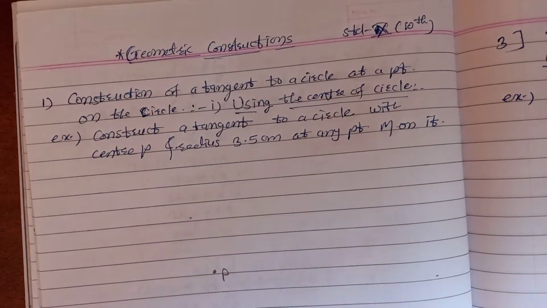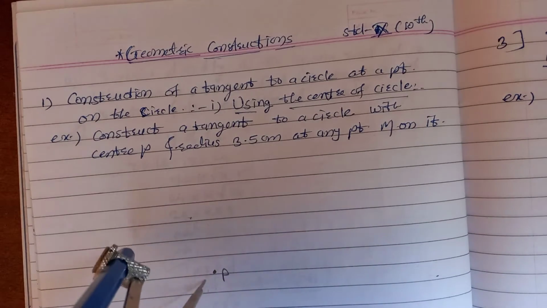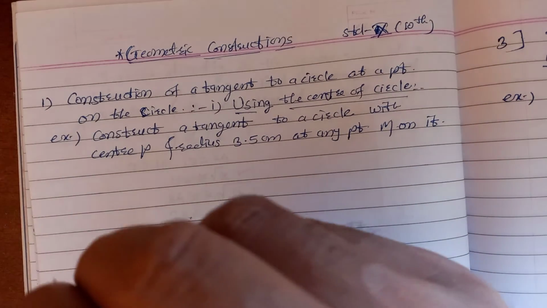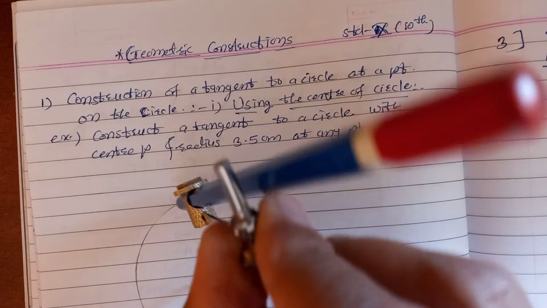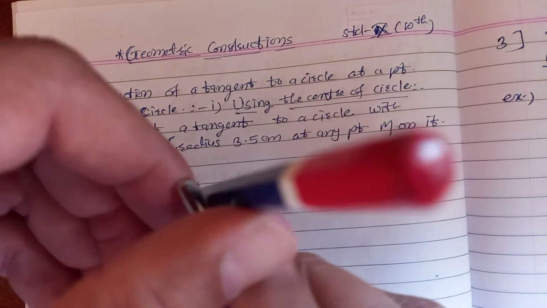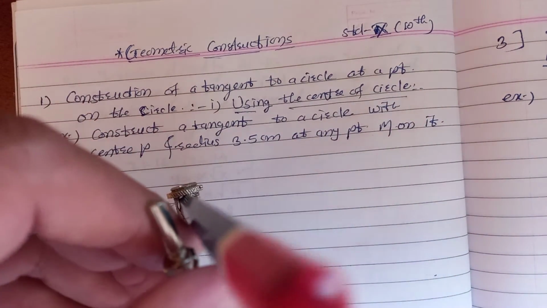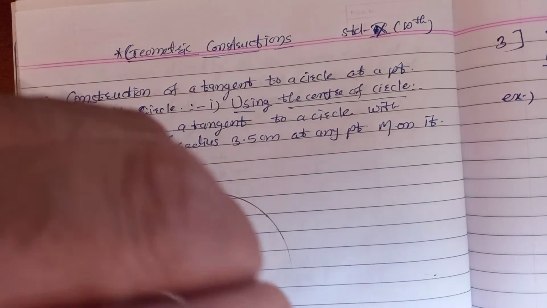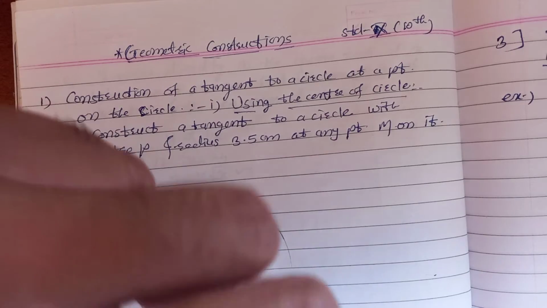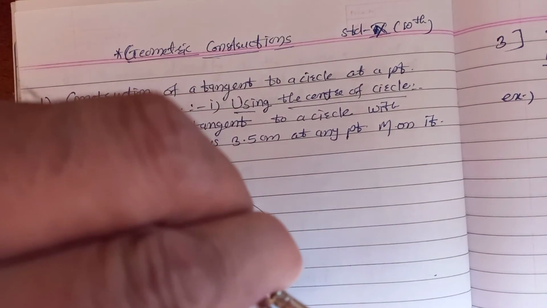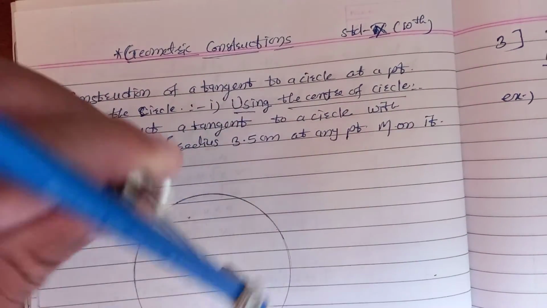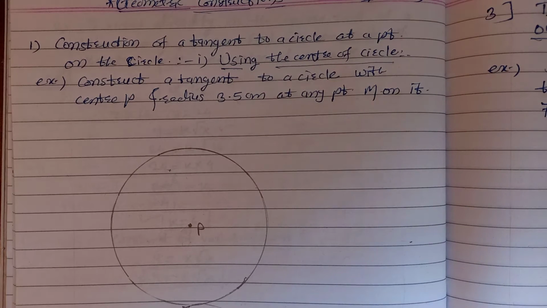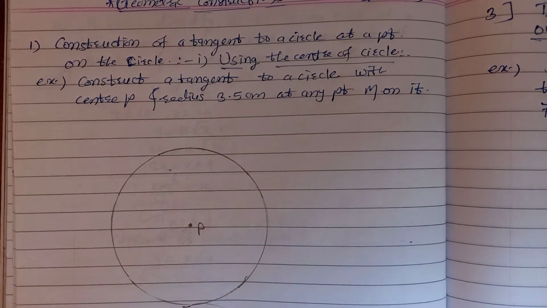Remove the scale and draw one circle from this. This is the circle we drew with radius 3.5 centimeter.